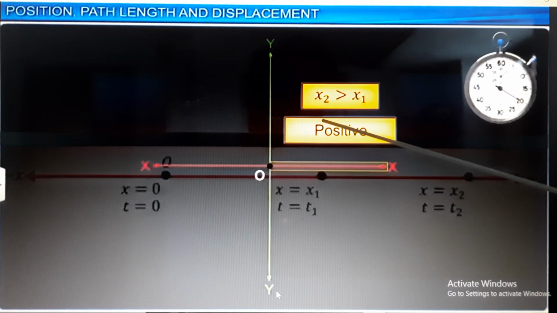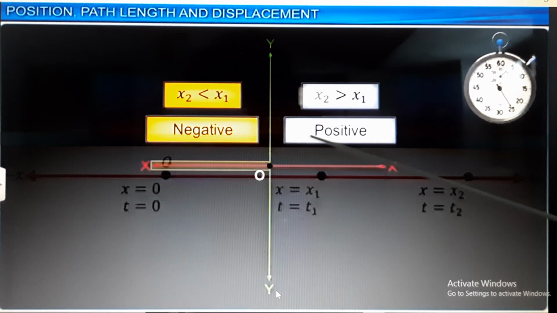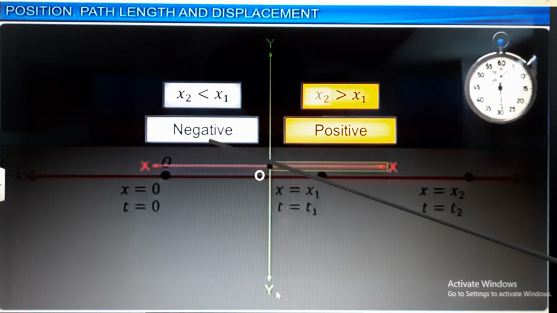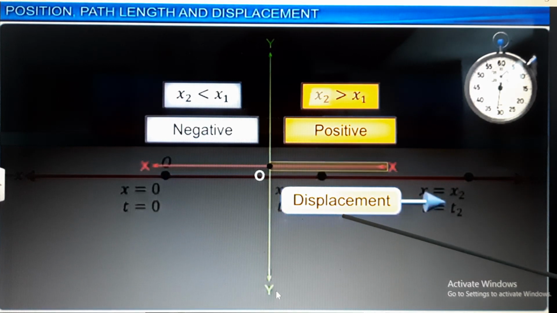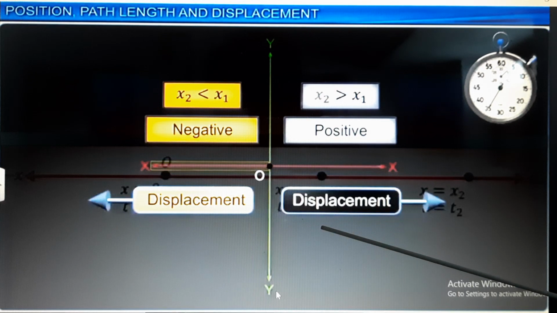Suppose x2 is greater than x1, so it is positive. But if x2 is less than x1, it is negative. Displacement is a vector quantity, so it has direction.